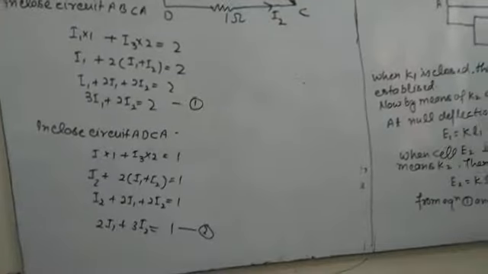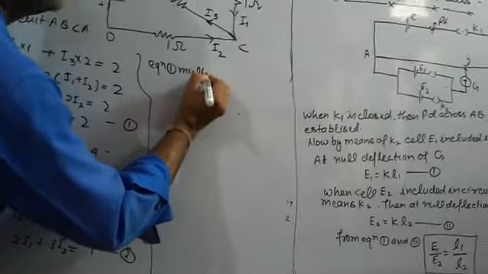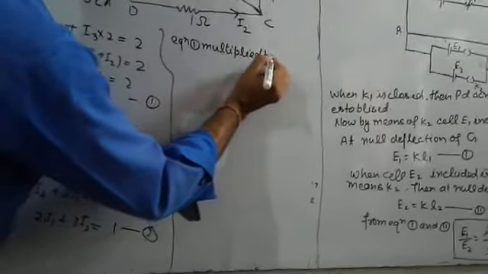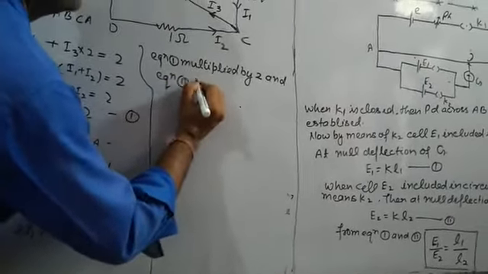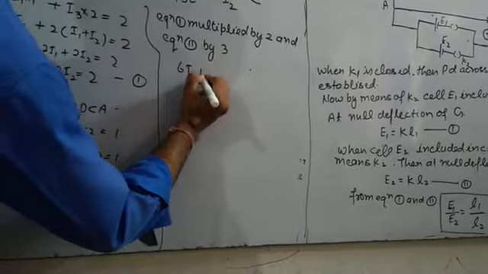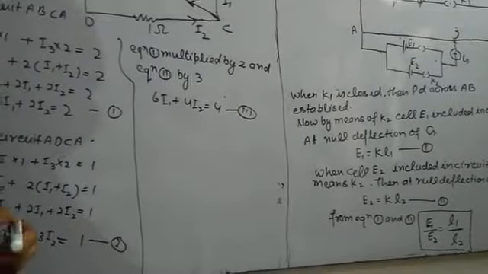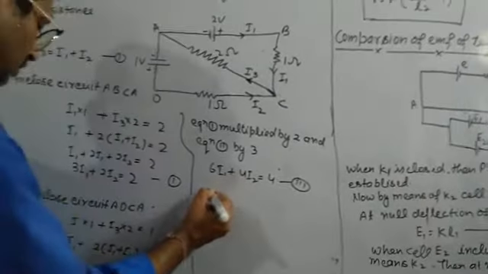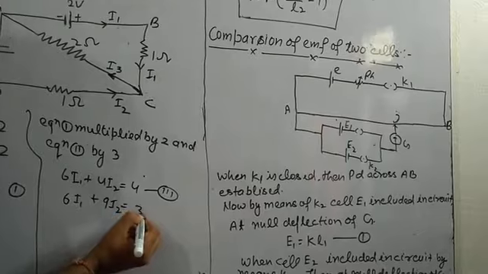This is equation 2. On solving, equation 1 multiplied by 2 and equation 2 multiplied by 3: 6I1 plus 4I2 equals minus 4, and 6I1 plus 9I2 equals 3.